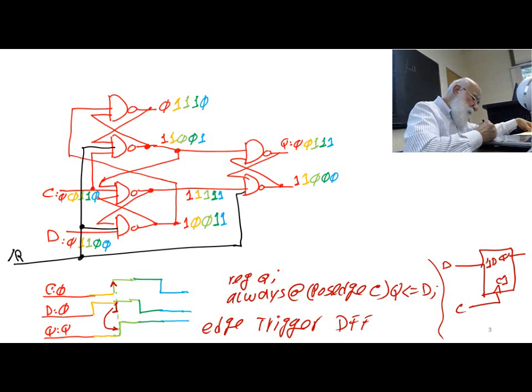R is 0, and the second gate from the top, the output of it, because it's 0, becomes 1. The fourth gate from the top, because this is 0, this becomes 1.